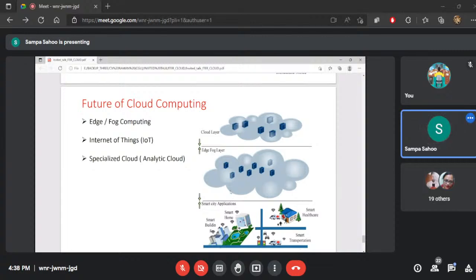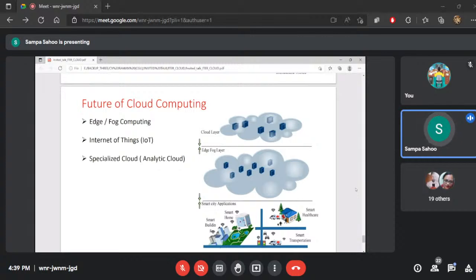So first, if any computation needs to be done, that will be sent to the edge or fog layer. After that, if this edge or fog layer is not sufficient to process that task, then it will be sent to the cloud layer.